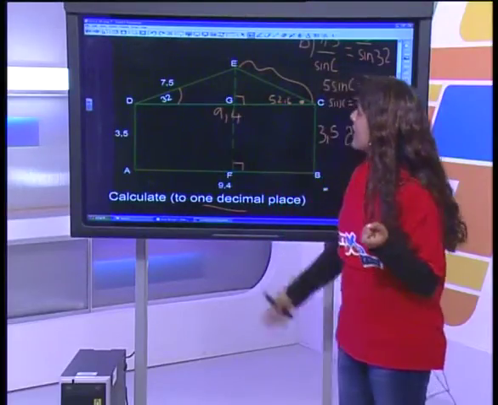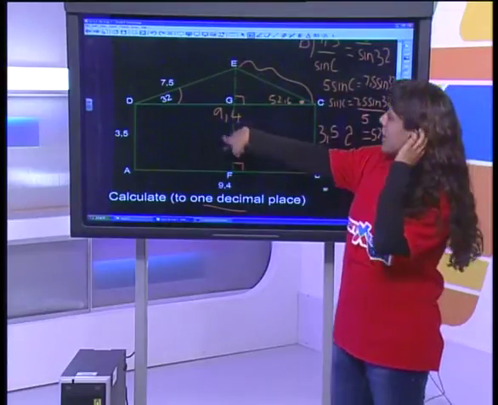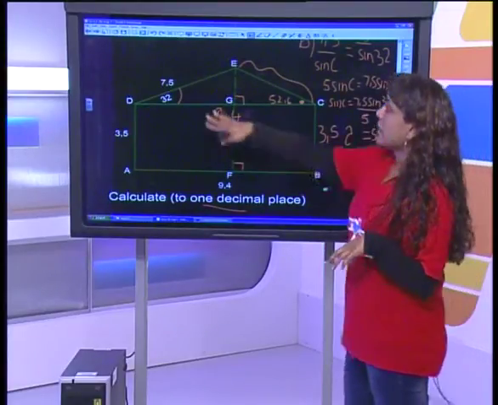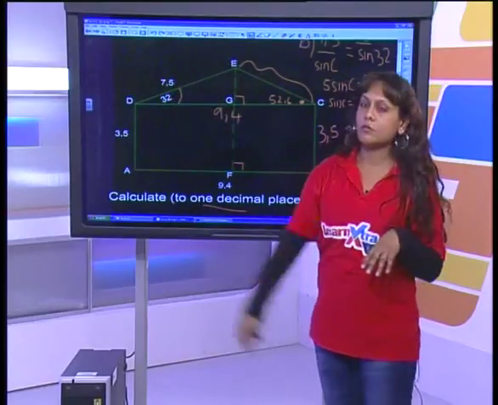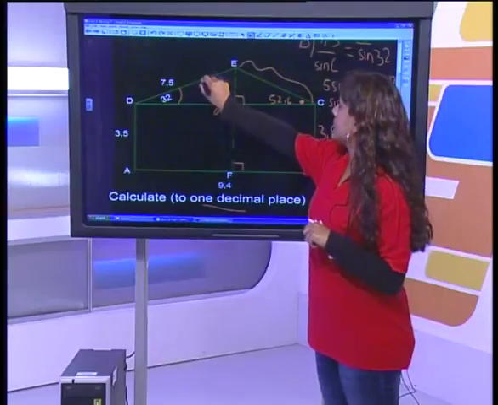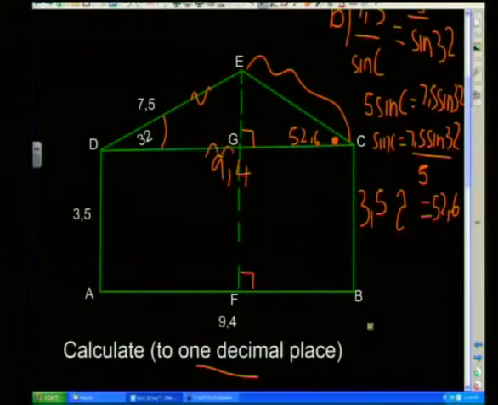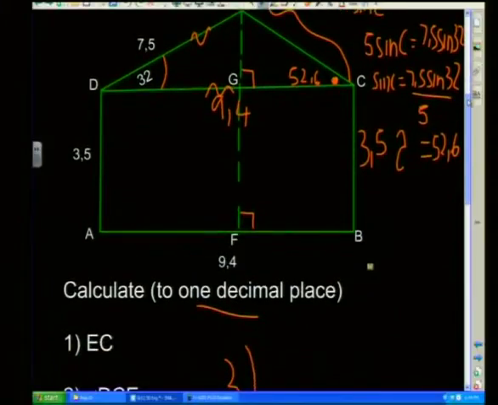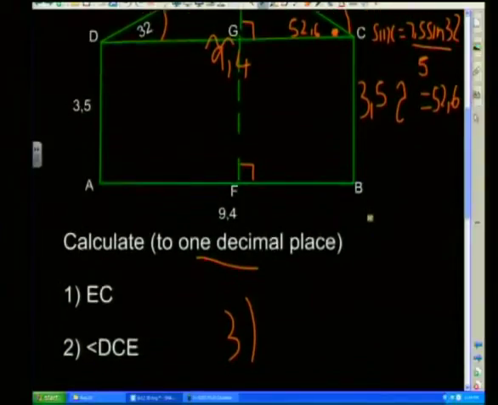So because they gave you side DE and side DC and angle of 32 degrees there, it's easier to use the area rule using side DE, CD, and angle D. So it's safer. Safer, not easier, just safer. Just in case somehow you made a mistake and you messed up one of the sides.